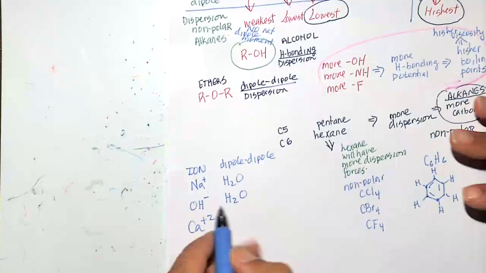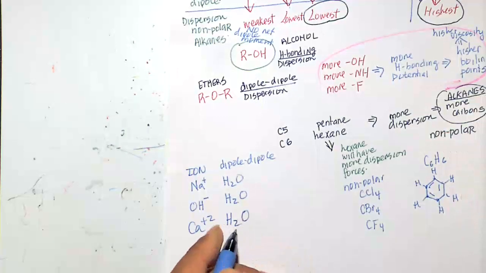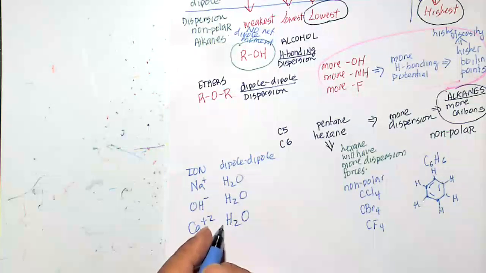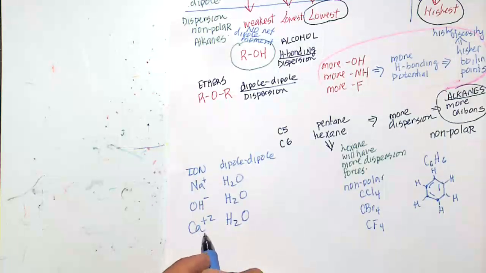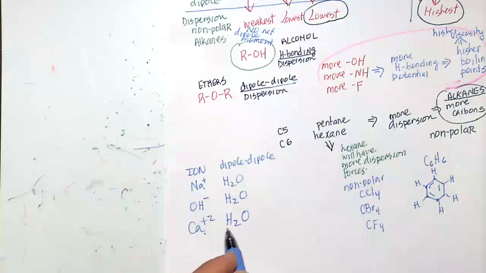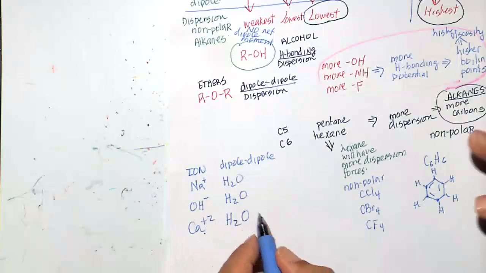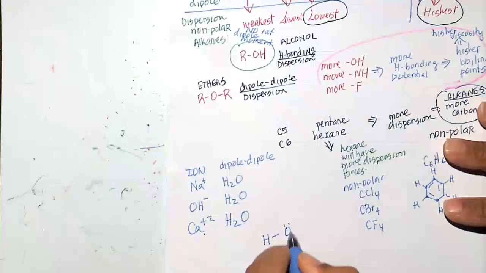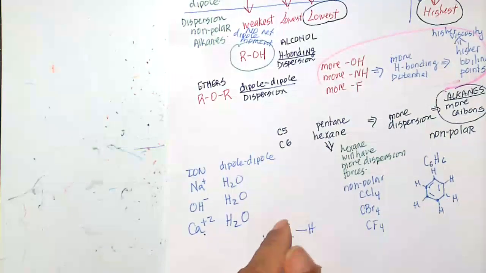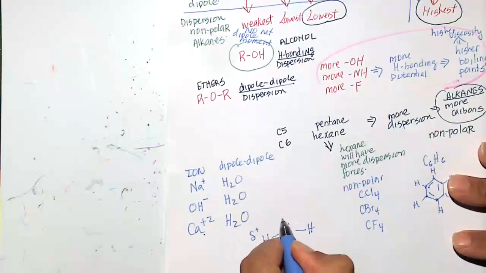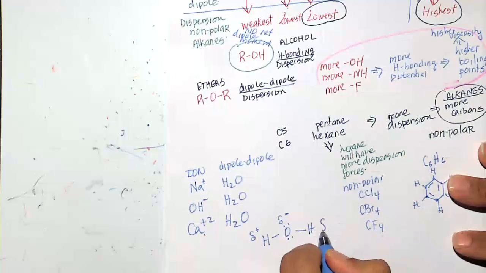This is why calcium ion is soluble in water. This is our Gatorade or whatever, those energy drinks. I only know Gatorade. But the calcium ion, also called electrolytes, they are soluble in water. How is that possible? Because water has a dipole, a partial positive with a partial negative.